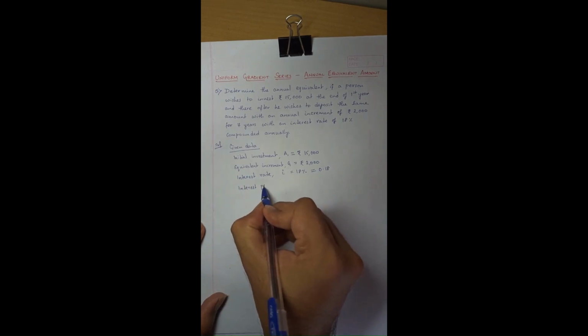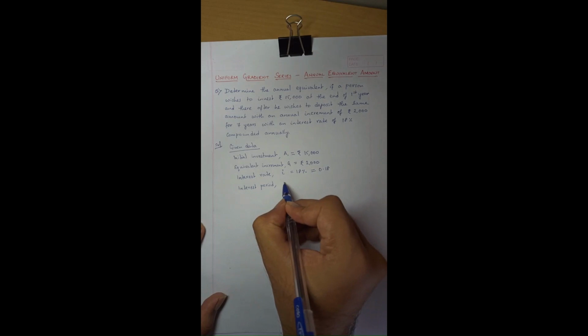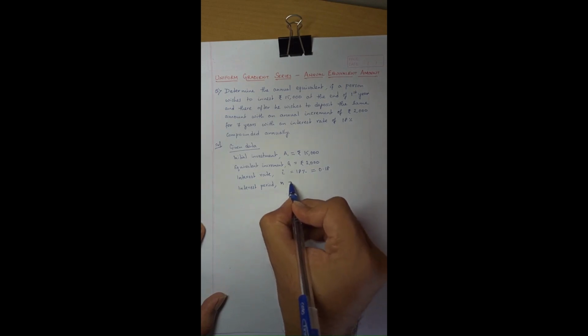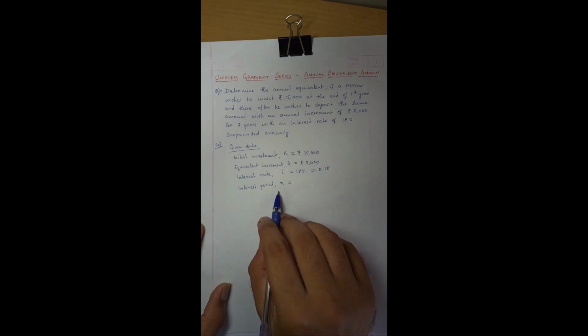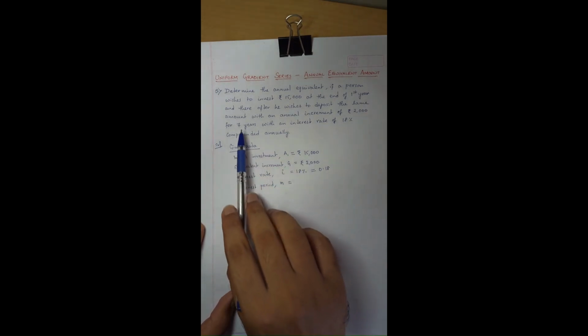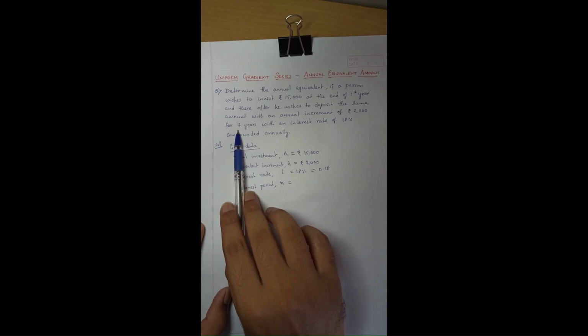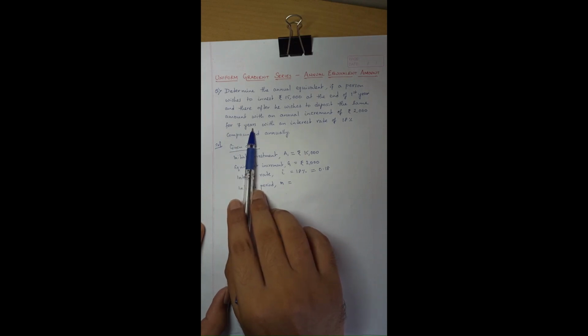Now interest period N, which is equal to. Now we are supposed to be careful. What is the value of interest period? Now there is a lot of confusion with respect to taking interest period as 7 years.